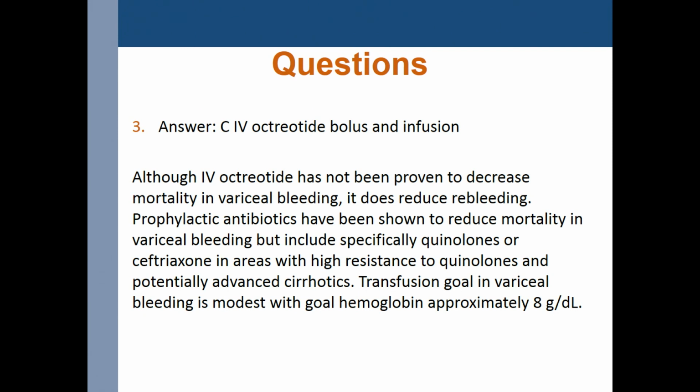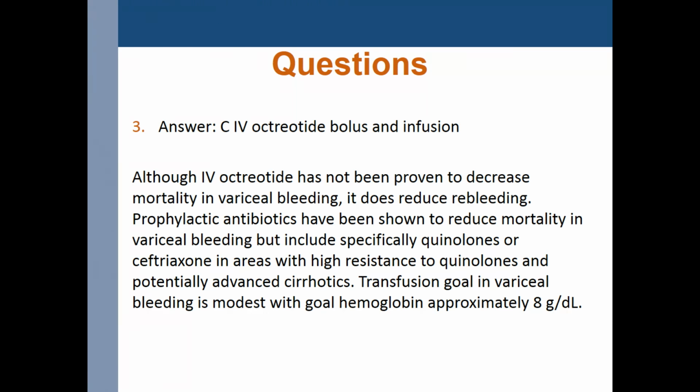Although IV octreotide has not been proven to decrease mortality in variceal bleeding, it does reduce rebleeding. Prophylactic antibiotics have been shown to reduce mortality in variceal bleeding, but include specifically quinolones, or ceftriaxone in areas with high resistance to quinolones and potentially advanced cirrhotics.